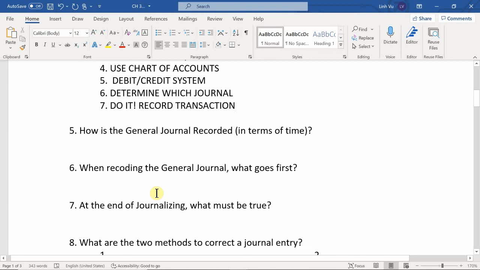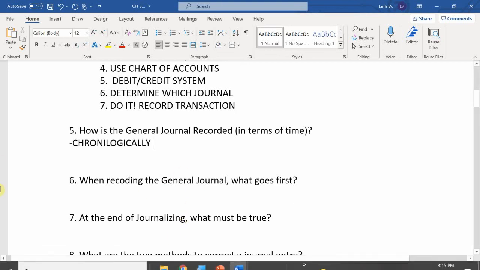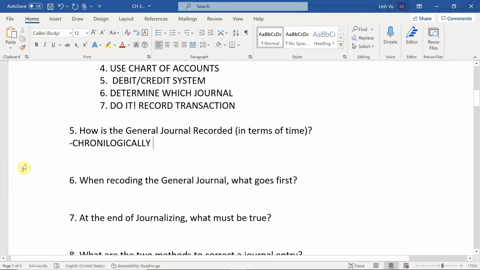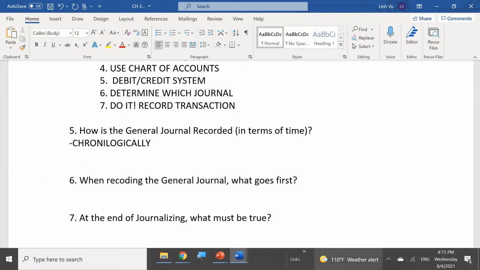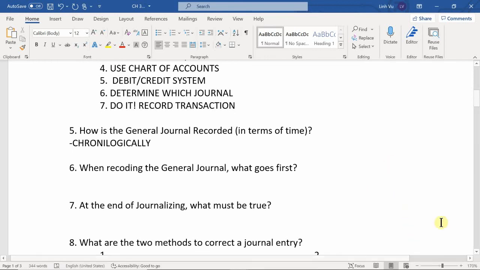Number 5. How is the general journal recorded? In terms of time, chronologically. All right. Number 6 says, when recording the general journal, what goes first? Debit.